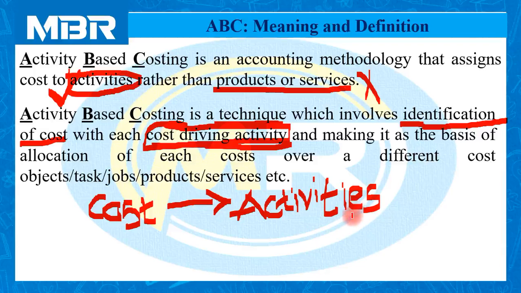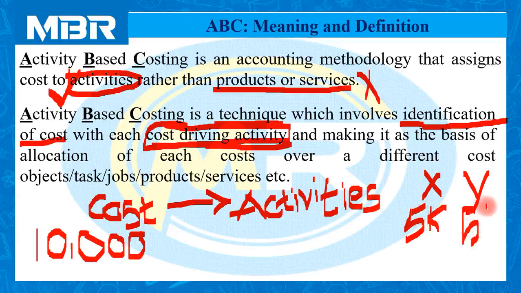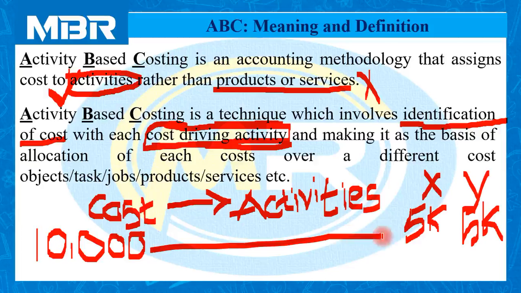Let me explain this through one example. Say, for example, marketing expenditure is rupees 10,000 and the company is making two products, X and Y. So in the traditional method, without using any logic, we used to transfer 5,000 to product X and 5,000 to product Y. In this way, we can convince ourselves that we have distributed rupees 10,000.